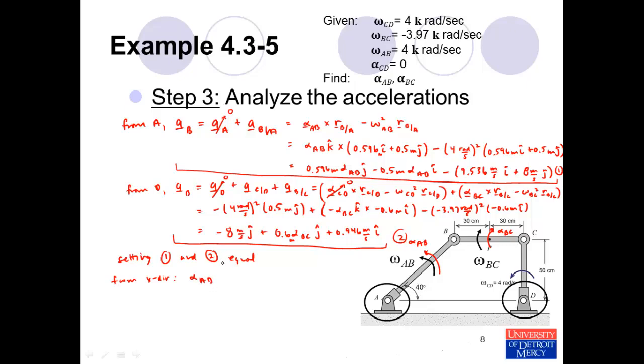Alpha AB is equal to 9.536 meters per second plus 0.946 meters per second. Divide through by negative 0.5 meters, and we get that alpha AB is negative 20.964 radians per second squared. So actually these were all meters per second squared.